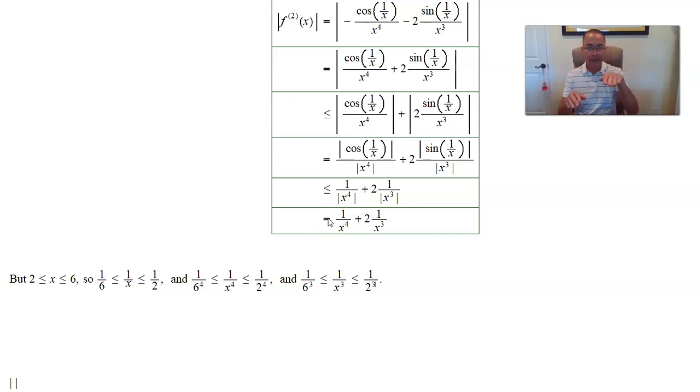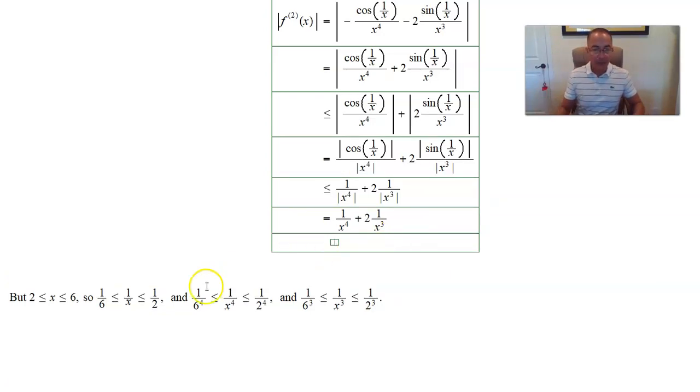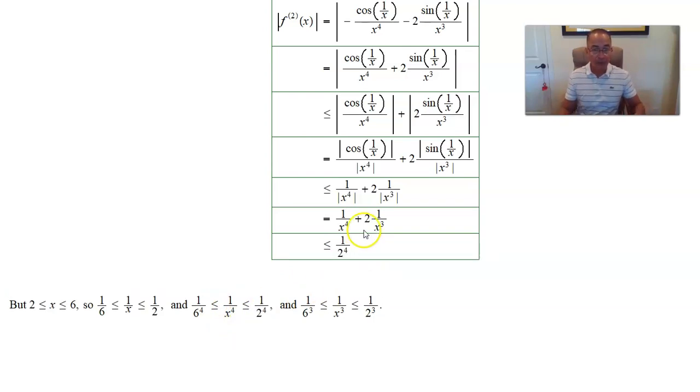These are the same, and now we're going to make it maybe a little bigger. So our next step is to use these inequalities, but I want the less than or equal to. 1 over x to the 4th is less than or equal to 1 over 2 to the 4th, and I have the plus 2, 1 over x cubed. 1 over x cubed is at most 1 over 2 cubed. So now these are all just numbers.